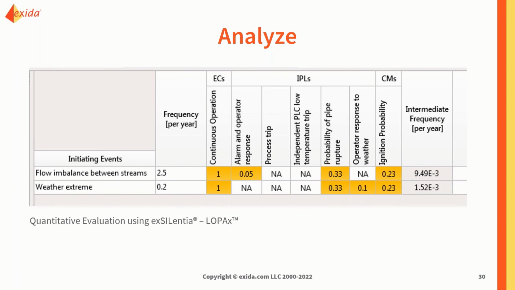It wasn't just for SIL selection. A lot of people had that misconception, but you actually use it to analyze things like ignition probabilities or other kinds of probabilities based on your plant's usage as well.